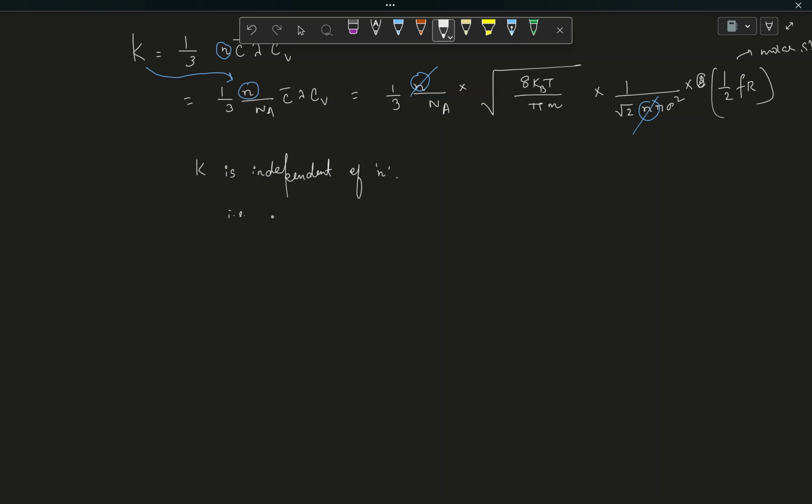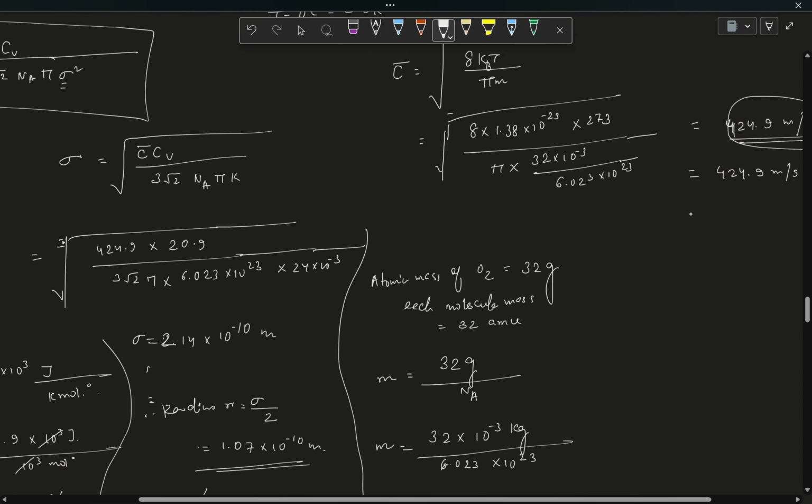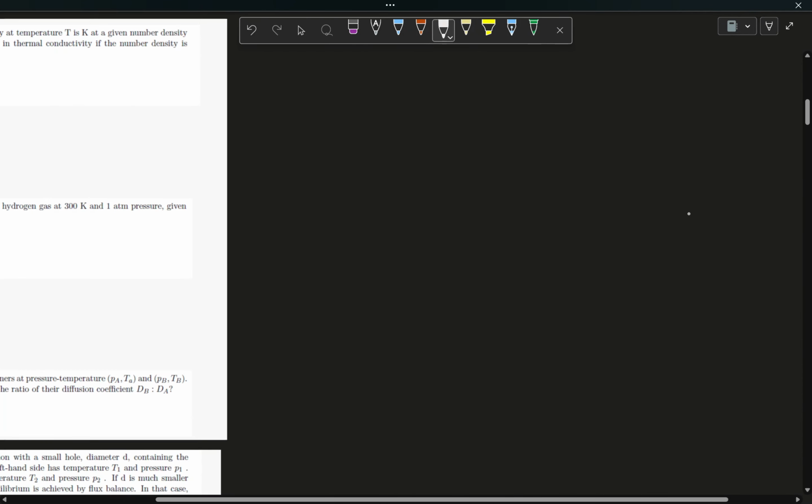That is, even if n is increased 3 times, it will not change the value of k anyhow, because this is independent of n. No matter whether you decrease n or increase n or keep it the same, k will not be affected by any means. Okay, so this will be our answer for this question.